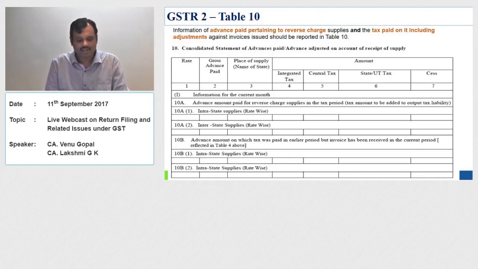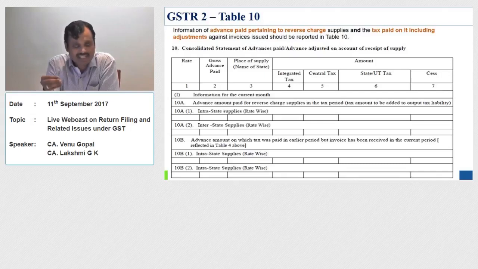So here when you are discharging the tax, you have two subtables A and B. Whenever you are recording the invoice, you will be reversing under B. Whenever you are making the payment, you will be taking under A. Now again under A, you have two subtables 1 and 2, where all your intrastate payments you are reporting under 1. All interstate payments you are reporting under 2.